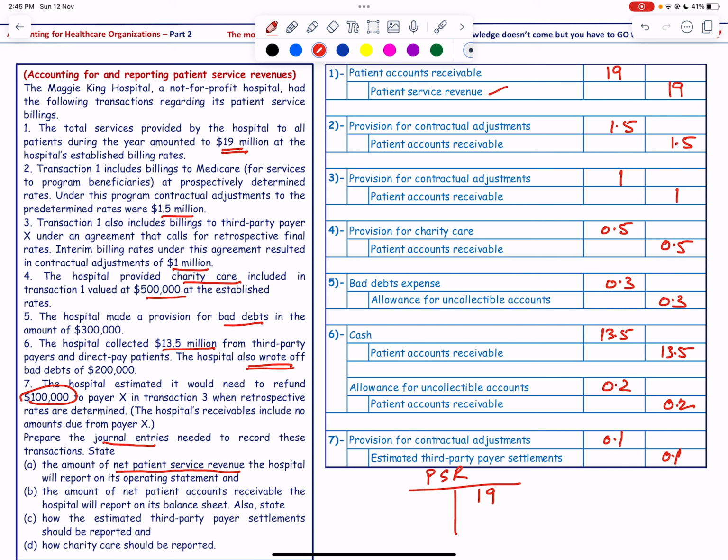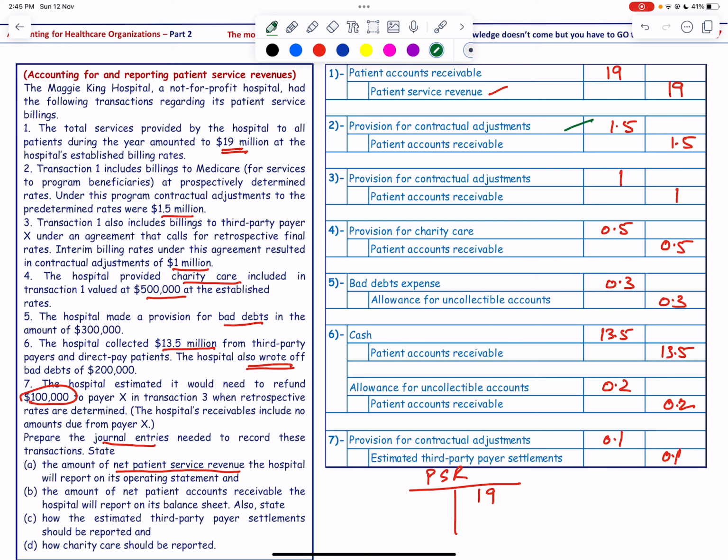What else do we have? You can see that we have the gross patient service revenue of 19 million, and from this we are going to subtract the contractual adjustments, and the contractual adjustments are the provisions for contractual adjustment, 1.5.